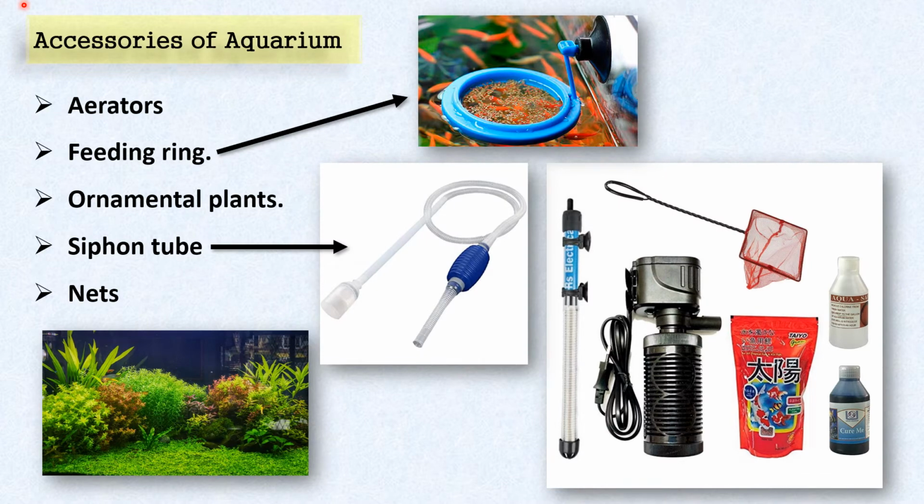So, to continue with the accessories of the aquarium, other important accessories include aerators, feeding ring, ornamental plants, siphon tube, and nets. Now, out of these, aerators are the most important type of accessories.